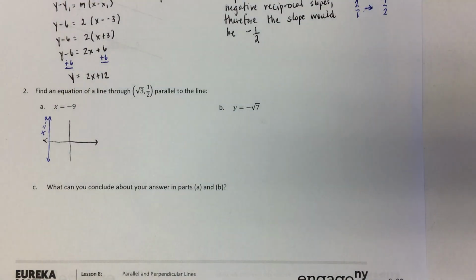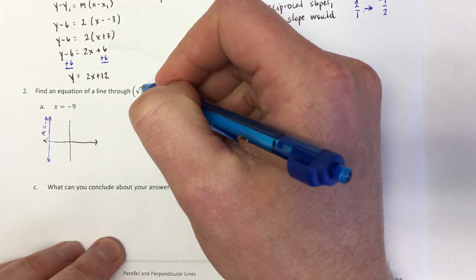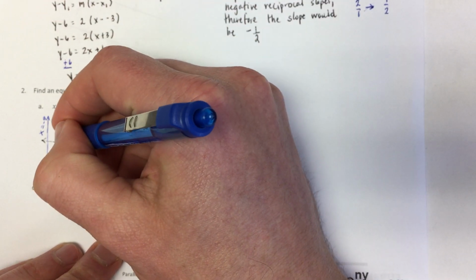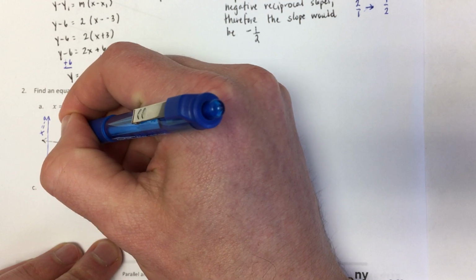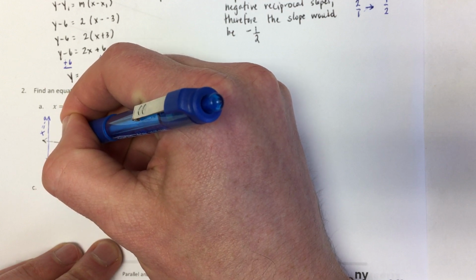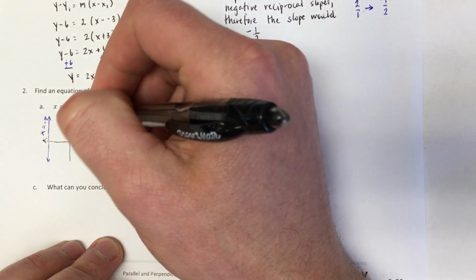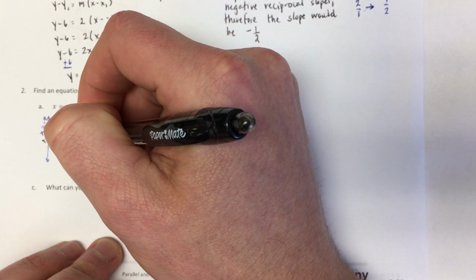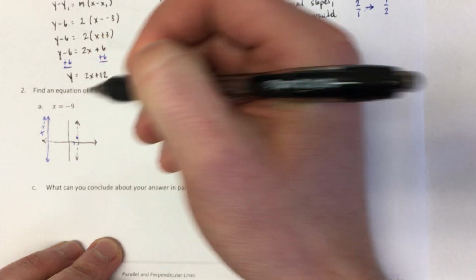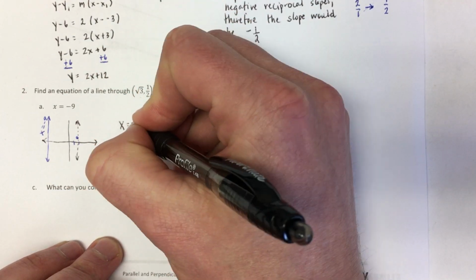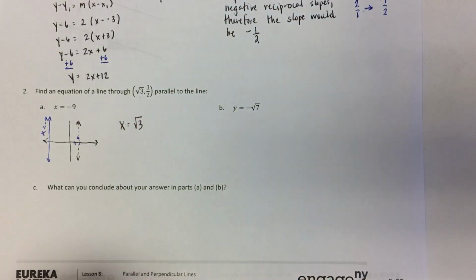If I want to be parallel to that through the point, now this is approximately 1.7, so if I were putting a scale on there, this would be somewhere around that. If I want to maintain being parallel to this, I'd have to be another vertical line, which means I'm strictly in x equals, and that x equals is square root of 3.